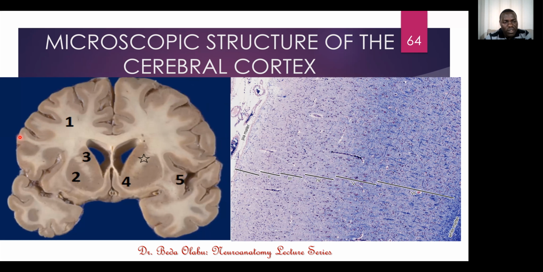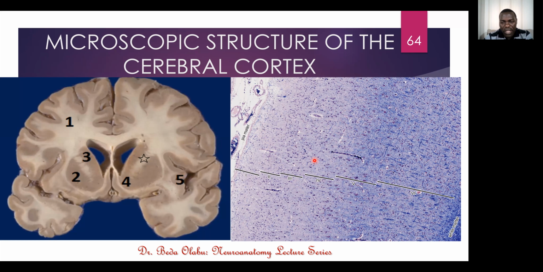This is in humans, about 2 to 4 millimeters thick. The cerebral cortex contains many cells. When you look at it histologically, it's hypercellular. It contains several cell bodies of neurons. Among others, it will also contain neuroglial cells. So it's hypercellular zone, as you can see.